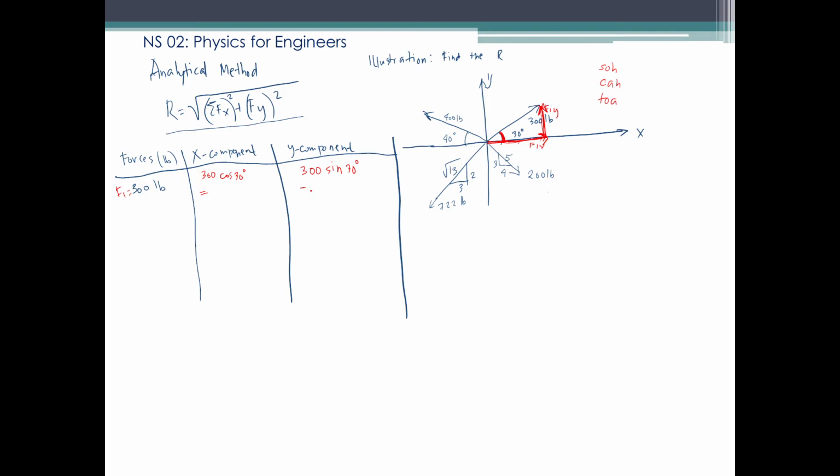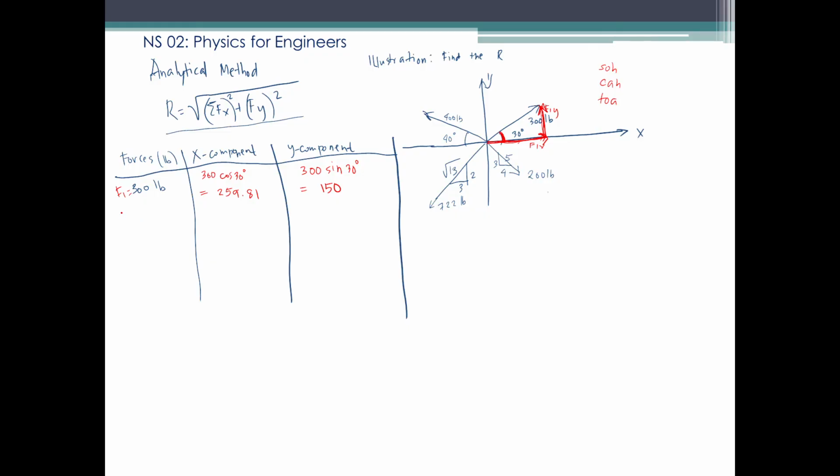Both are positive: the x is positive since it is going to the right, and the y is positive since it is going upwards. So our x component is 259.81, if you try to solve that one, and 300 sine 30 is positive 150.